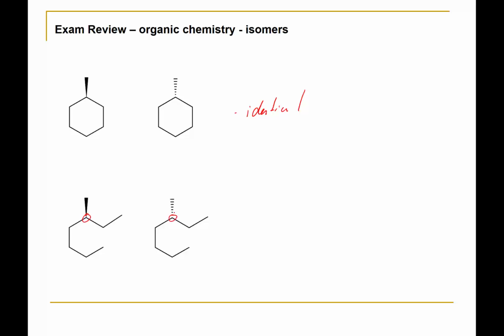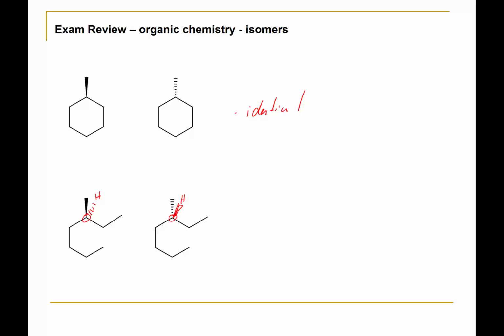Now these are chiral because four different things are attached to these carbons. There's a hydrogen going back in this case, and there's a hydrogen coming out of the plane in this case. Now we could go to the trouble of assigning R and S, and we would indeed find that they have opposite absolute configurations. But there's another way to quickly identify that indeed these are enantiomers.